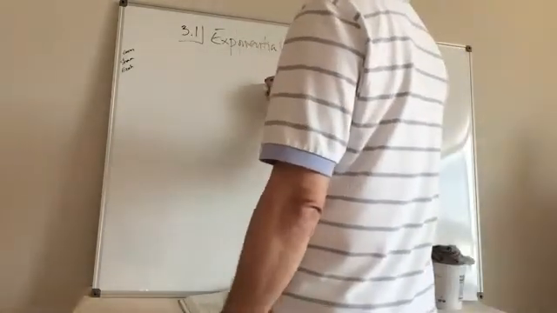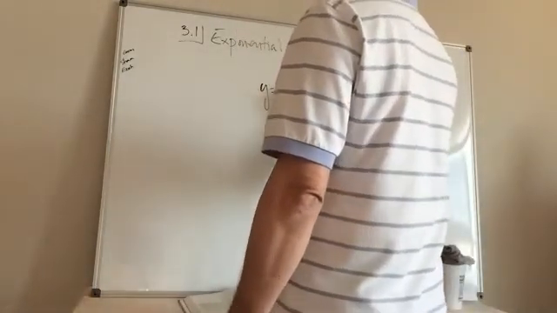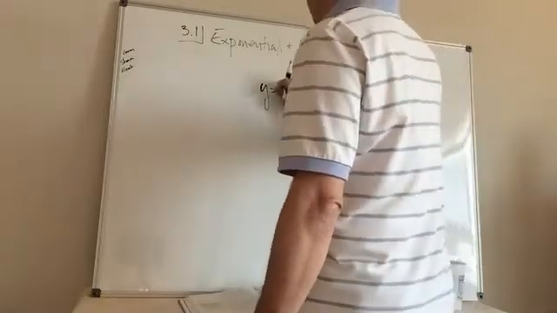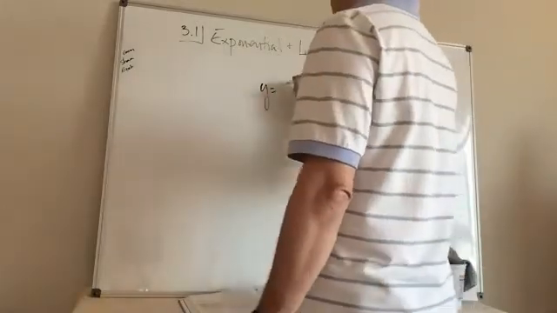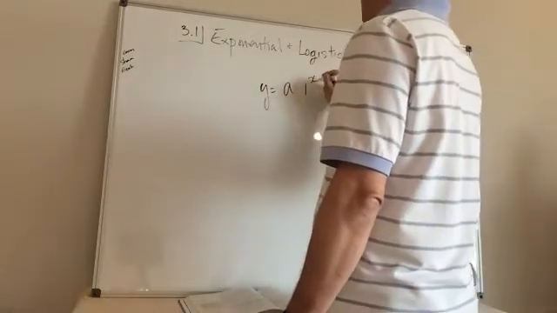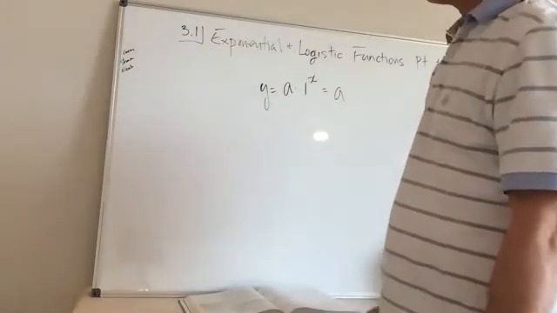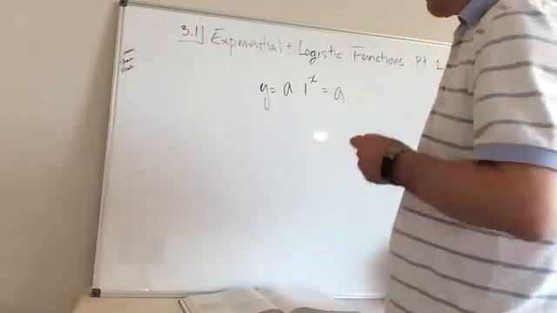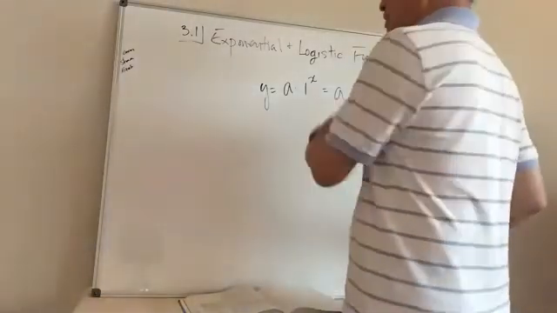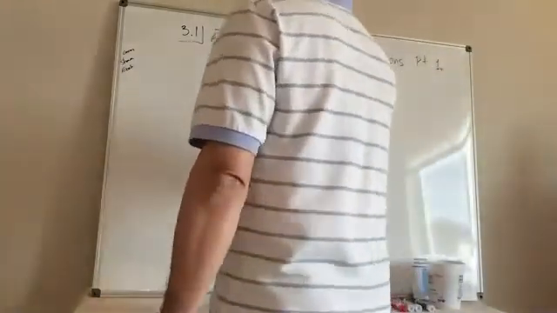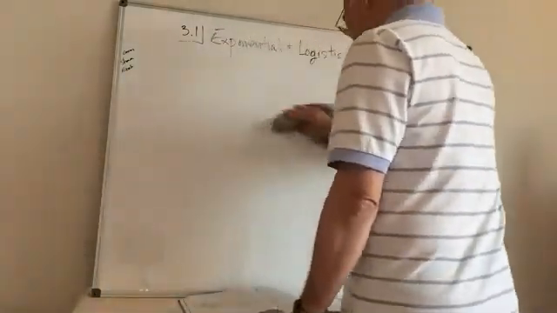Because you would have a function that looks like a times 1 to the x, where this is always going to be 1. So this becomes y is equal to a, right? That's not much of an exponential function. That's a constant function, right? So b cannot be 1, obviously.